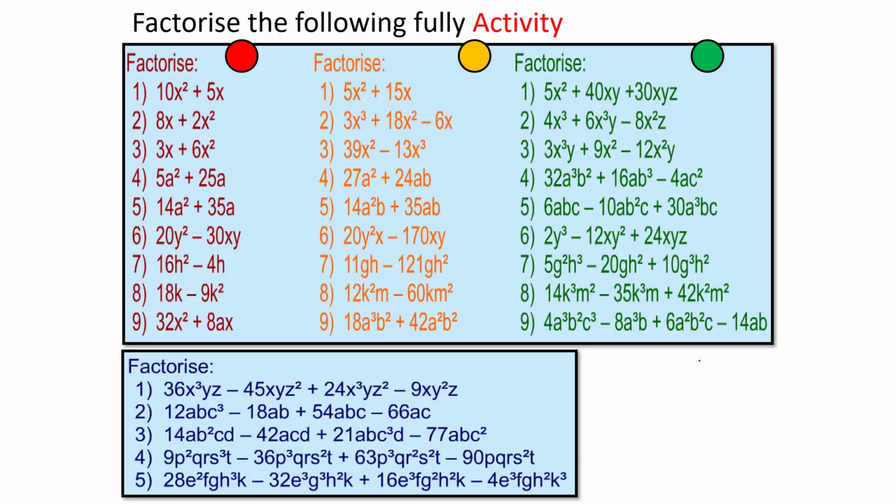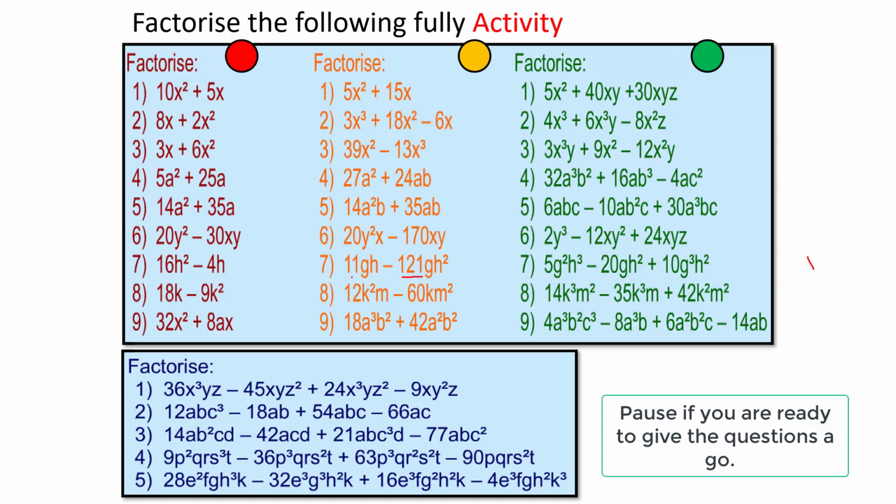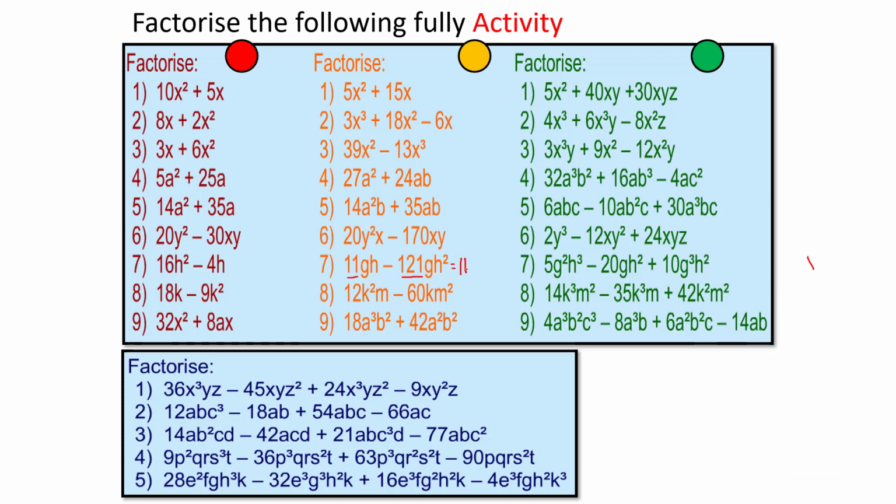So let's just do question 7 for you. So the highest common factor of these two numbers, so this is good for your number skills, is 11. So I'm going to put 11 on the outside. Now for the letters, it's just G, and H is in all of them, so I can put 11GH.